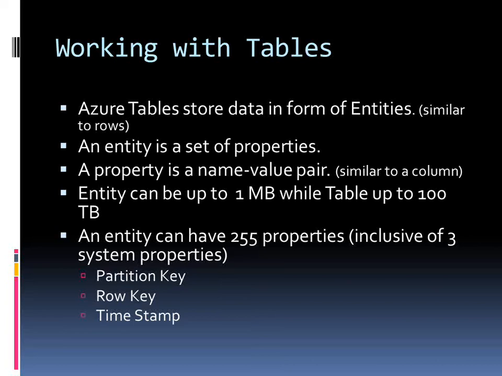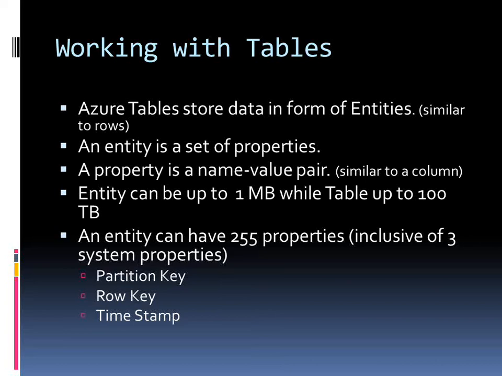To quote one example, again uploading images, the partition key could be the name of the logged in user, whereas the row key could be the name of the image. So for that user, that particular image ID always remains constant. So partition key and row key together are always unique. The maximum size that a partition key and row key can have is 1 KB each. For both it is 1 KB.